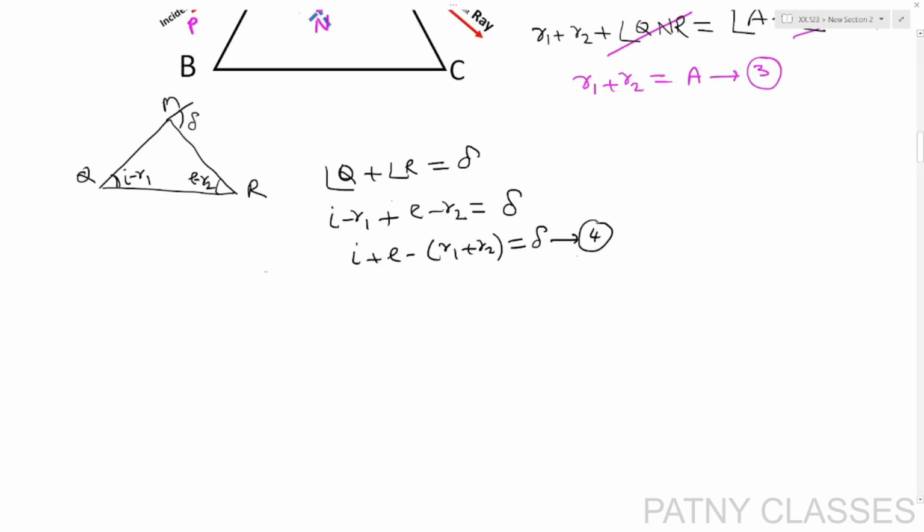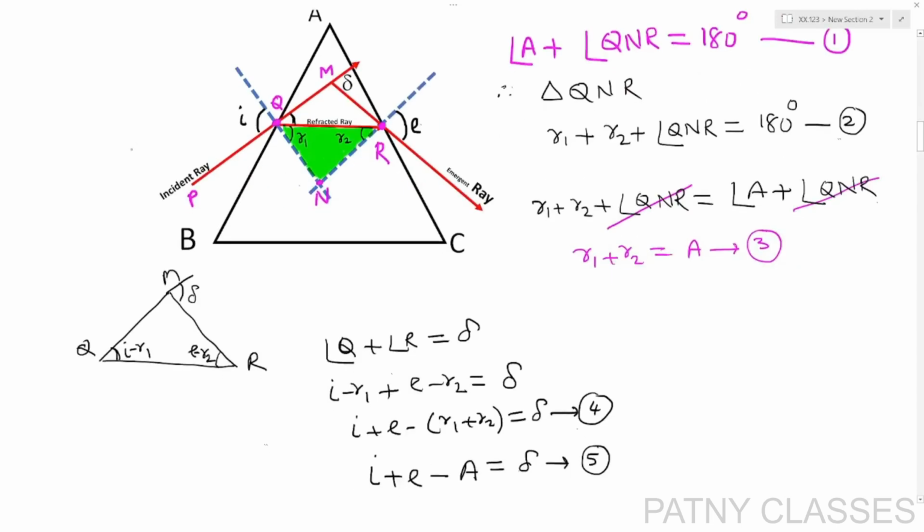From equation 3, R1 plus R2 equals A. Therefore, equation 4 becomes I plus E minus A, in place of R1 plus R2 we write A, equals delta. Therefore, I plus E minus A equals delta. Call it equation number 5. Now suppose we increase the angle of incidence, then the angle of deviation will decrease.